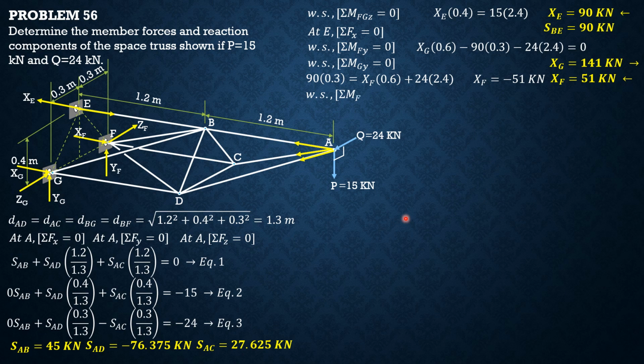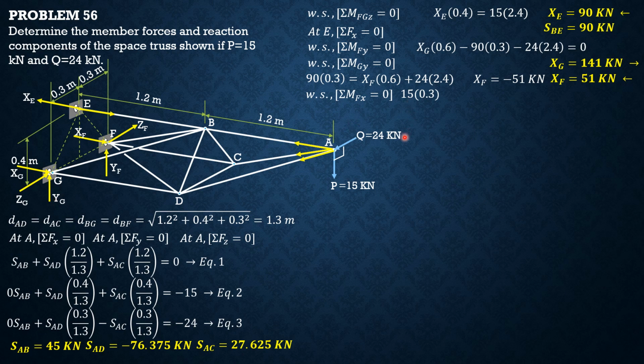So we proceed to the whole system, then summation of moments about FX equals 0. The main purpose of that is to solve for YG. By the right thumb rule, positive moment should be in that sense. So 15 is positive, 24 is positive, YG is negative.